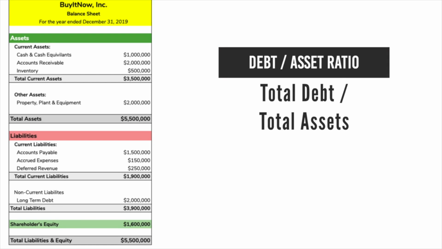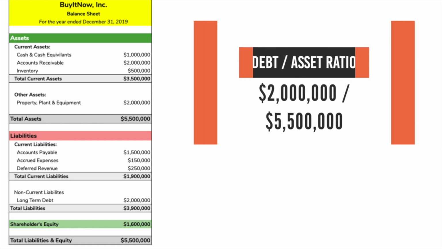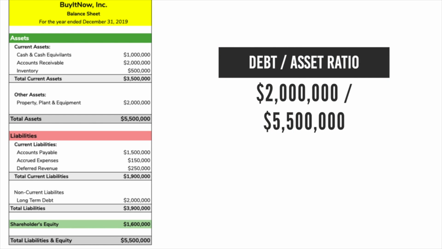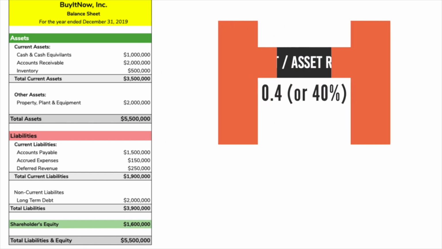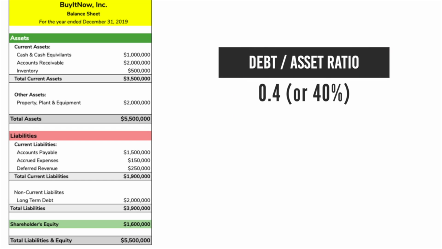So we're taking the $2 million from total debt, which is the long-term debt, and dividing it by $5.5 million in total assets, and we get a ratio of 0.4 or 40%. You can read it either way, which is saying that 40% of the company's assets are financed through debt.